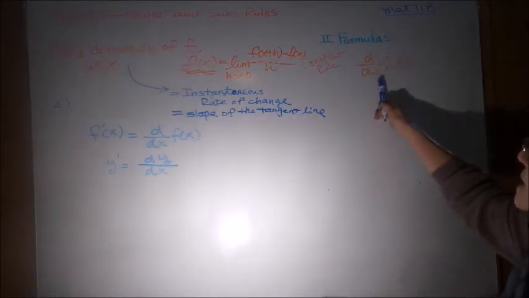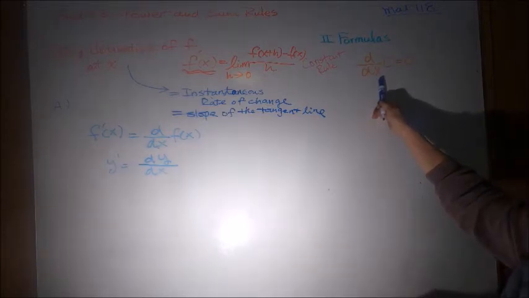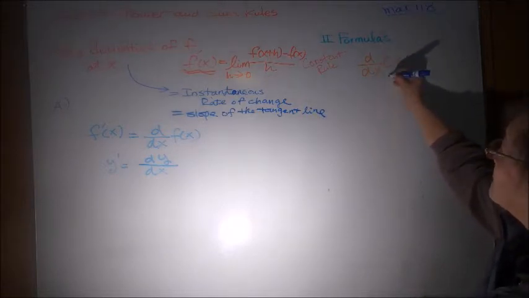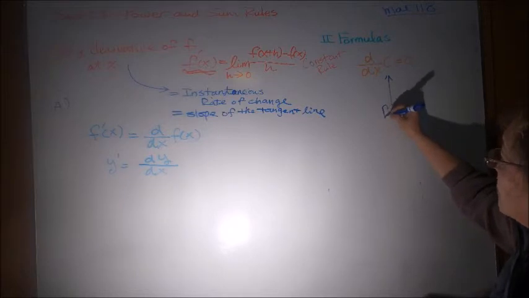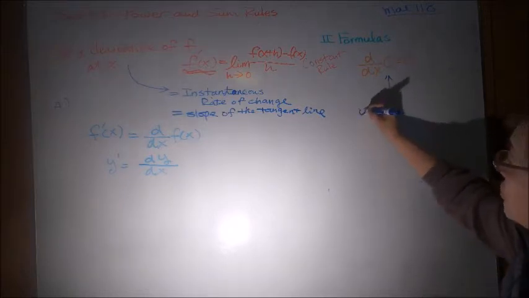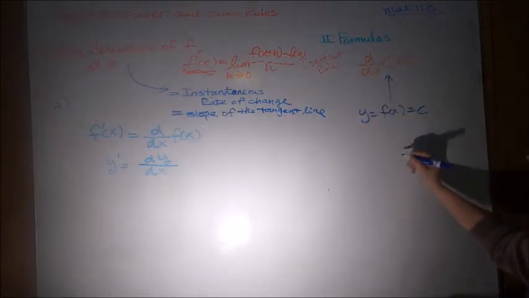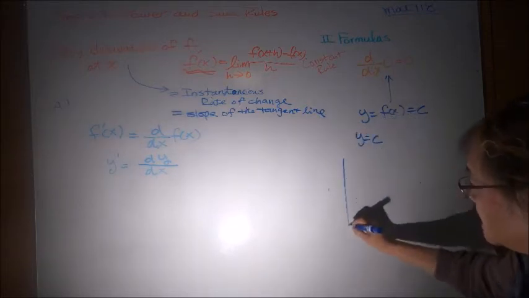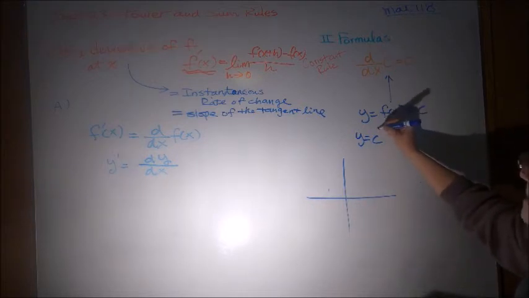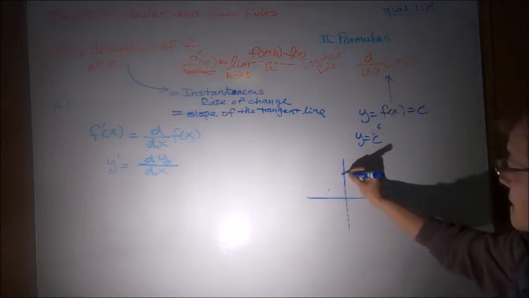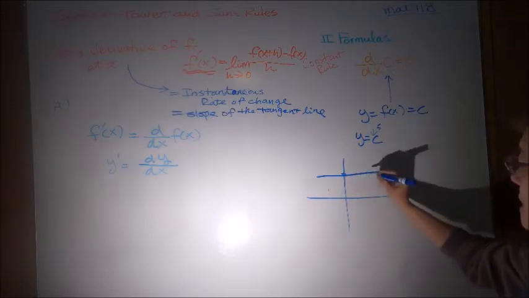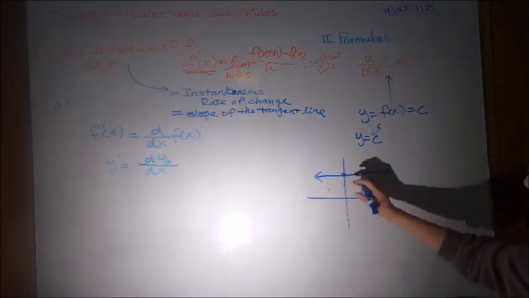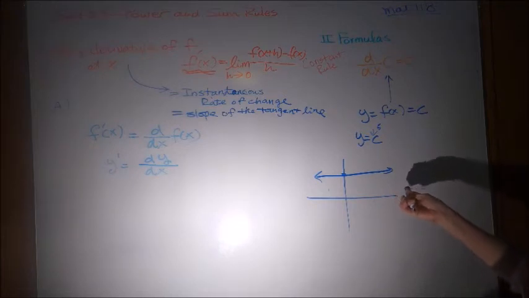When we take a derivative of a constant, that means this c is your f of x, which is your y equals c, right? What does that mean? If you graph y equals c, say y is 5, then constant means a continuous static state, right?